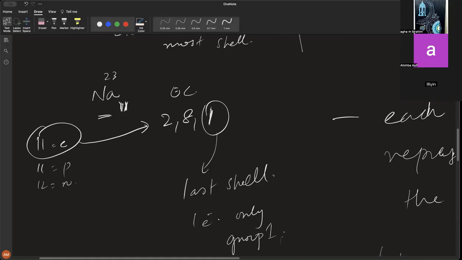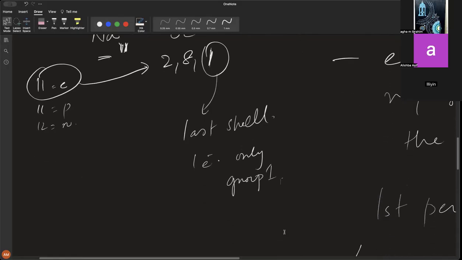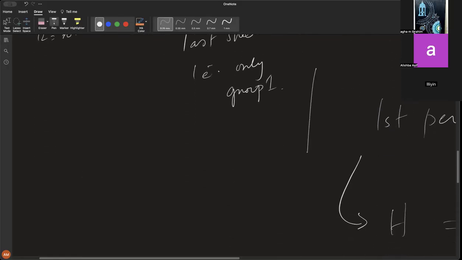Do you understand this, Alishba? Yes, sir. All right. As another example, we can take oxygen. Oxygen is 16 and 8. What is going to be the electronic configuration for oxygen?